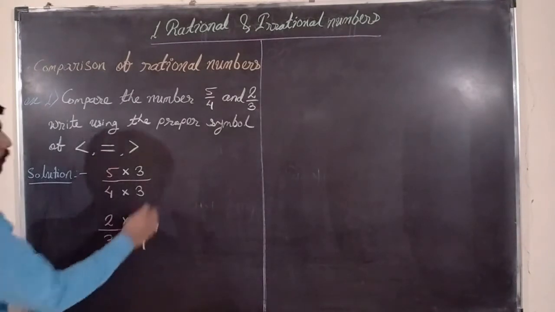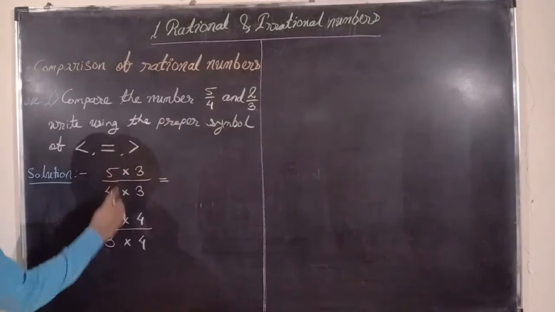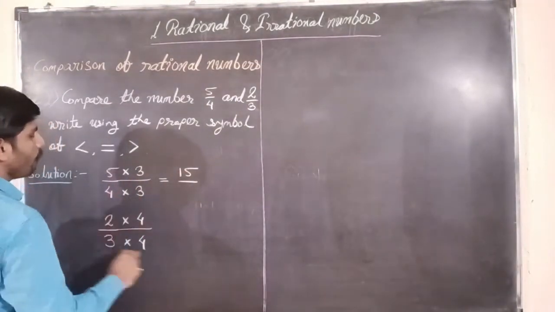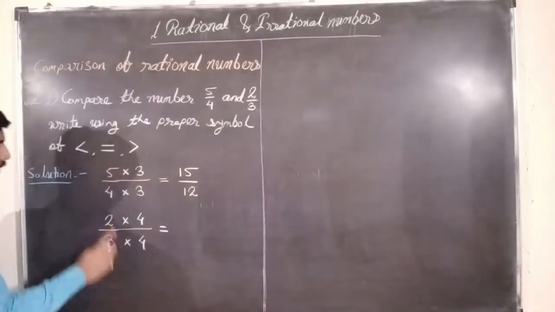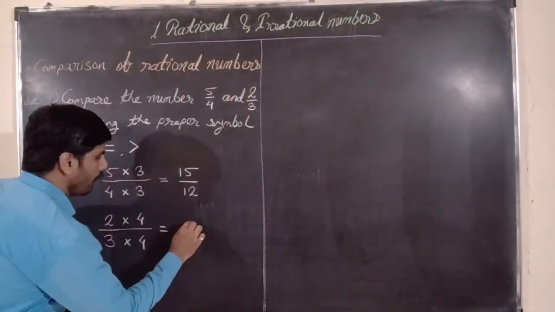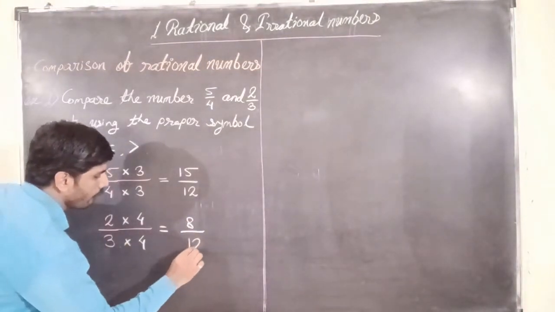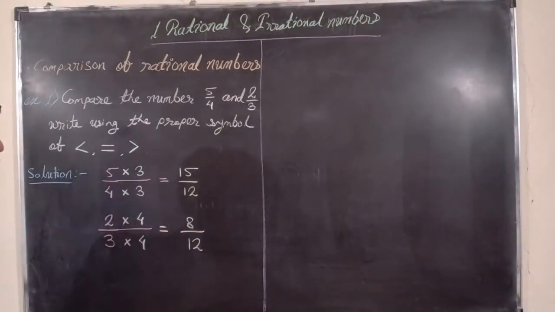So, two numbers we will get here. 5 3s are 15 and 4 3s are 12. Here, 2 4s are 8 and 4 3s are 12. Now the denominator of both numbers is the same.